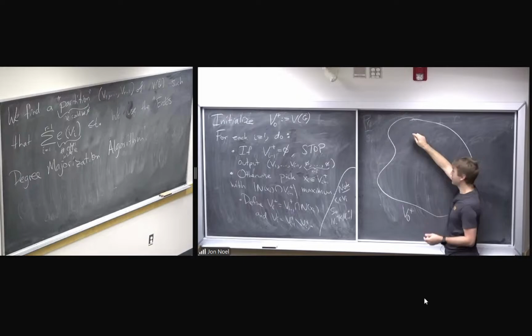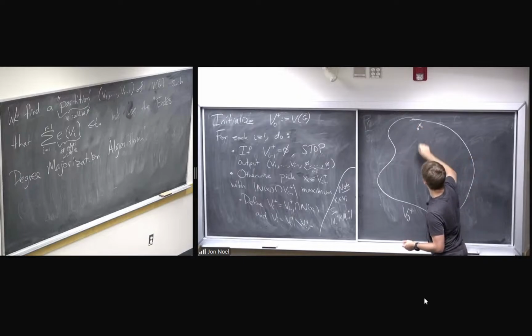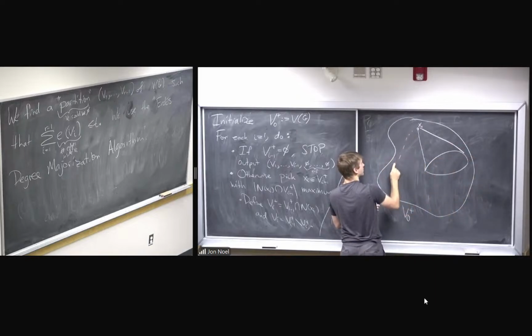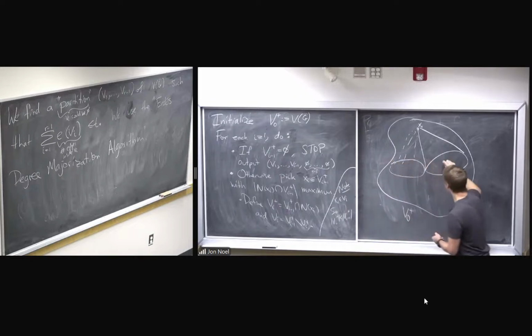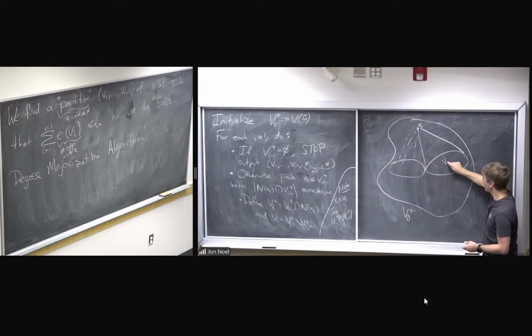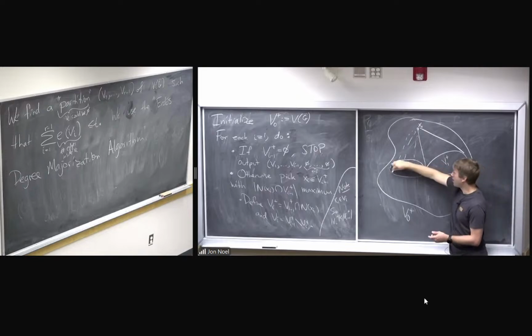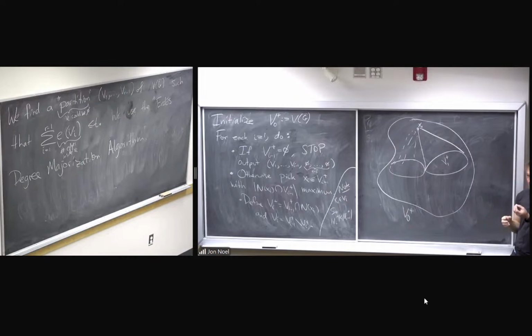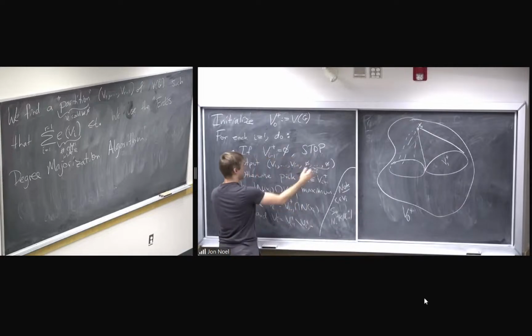We pick a biggest degree vertex. That's x1. And then take its neighborhood and its non-neighborhood. So the neighborhood of x1 will be V1 plus, and the non-neighborhood of x1 will be V1. And that's my first set in the partition, right? So my output is going to be V1, V2, etc.